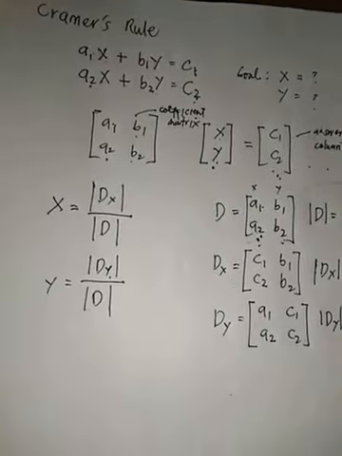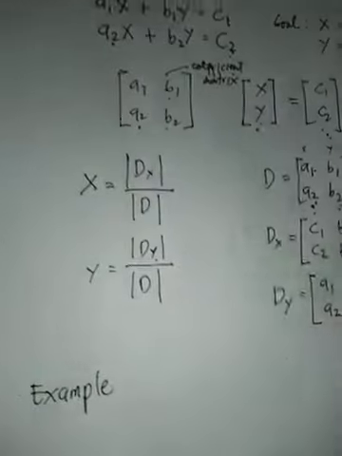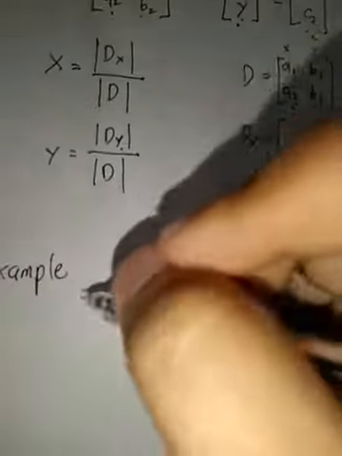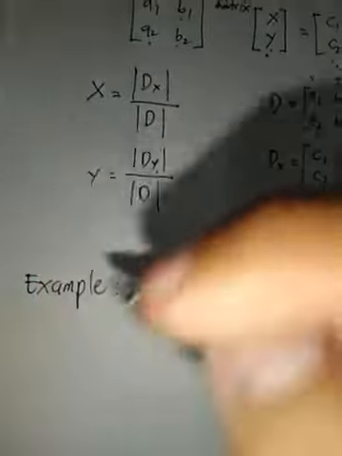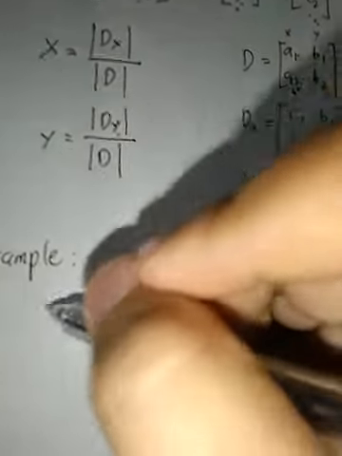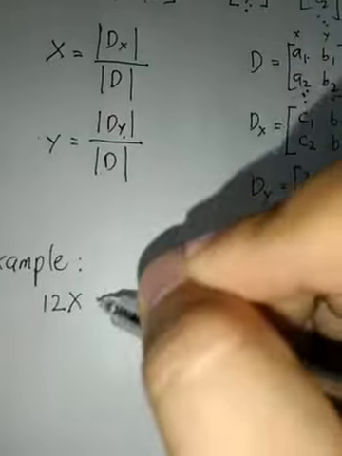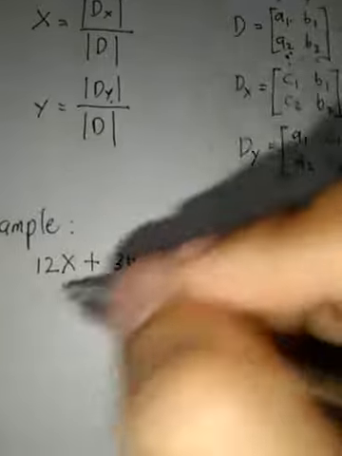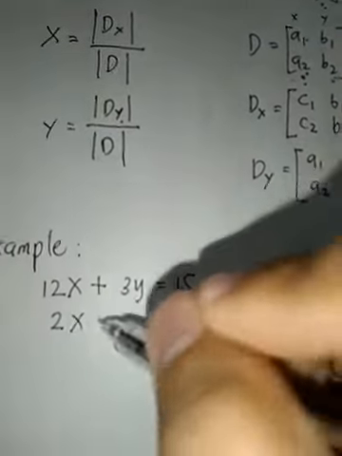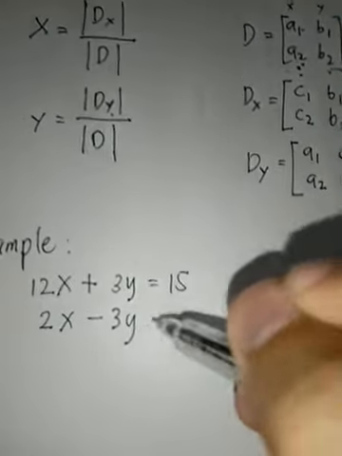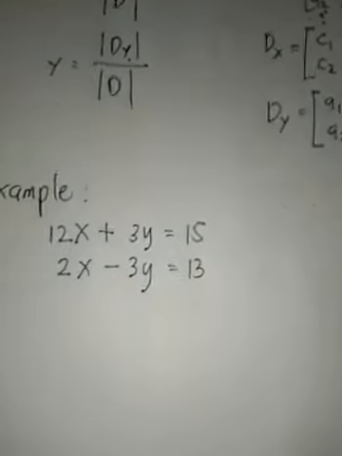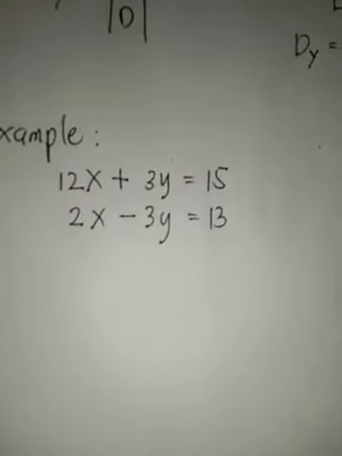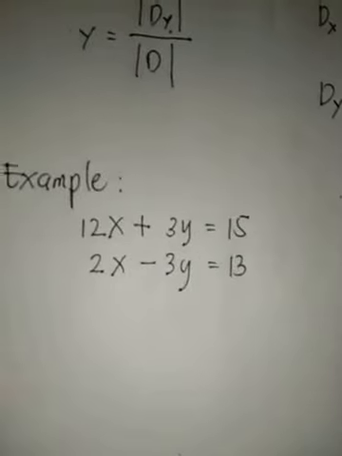Ngayon, lagyan natin ng example. Okay, let's have an example. So, let's say we have two simultaneous equations. 12x plus 3y is equals to 15. 2x minus 3y is equals to 13. Sige.